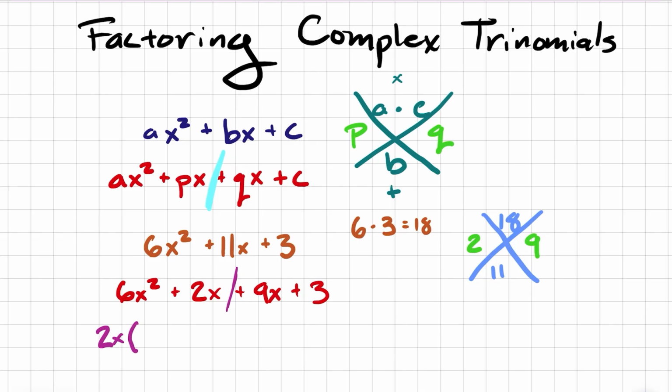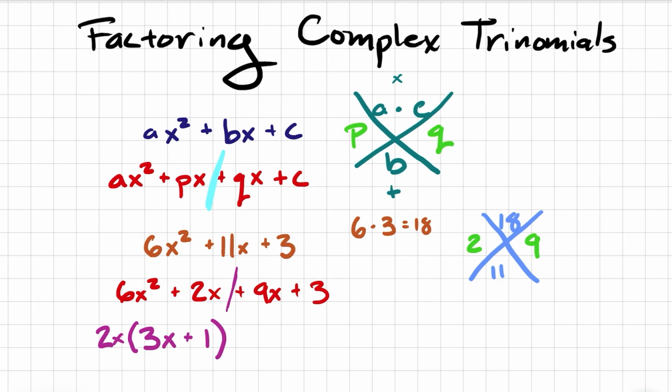Once I've determined the greatest common factor, I decide, what do I need to multiply 2x by in order to get back to 6x squared? I need to multiply 2 by 3 to get 6, and x by itself to get x squared, and then 2x is just that, so I would multiply it by 1. Do not just leave it as 3x. It completely changes the problem, so make sure you add that placeholder of plus 1.